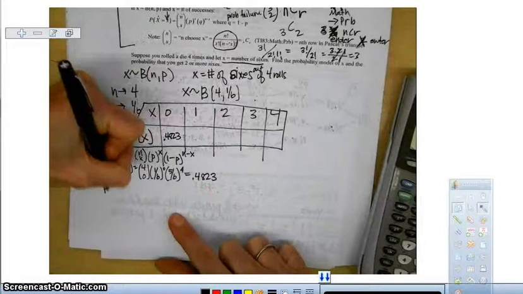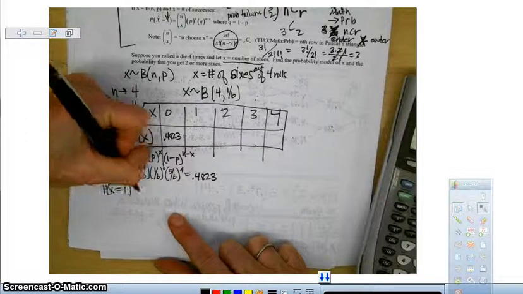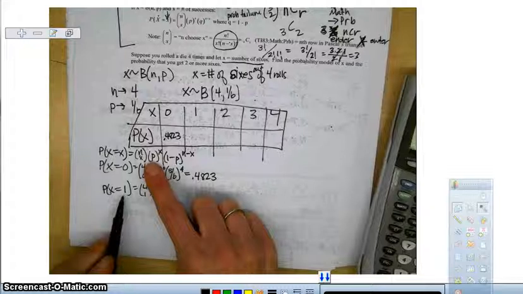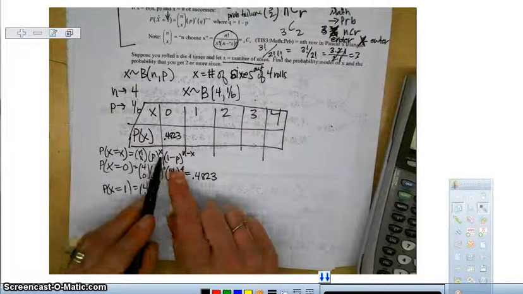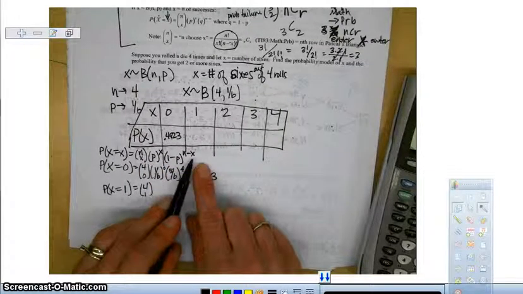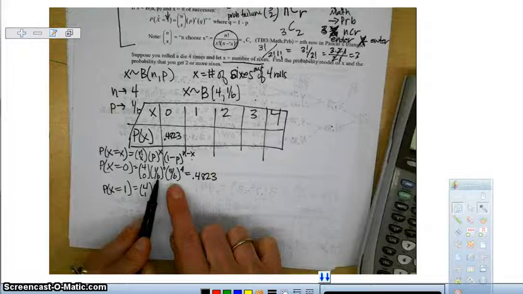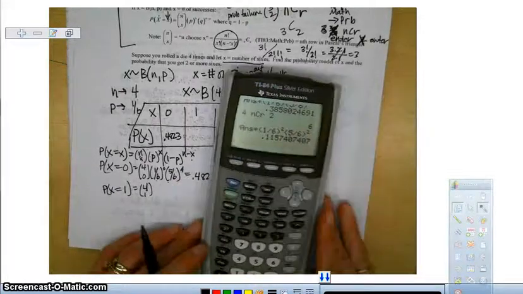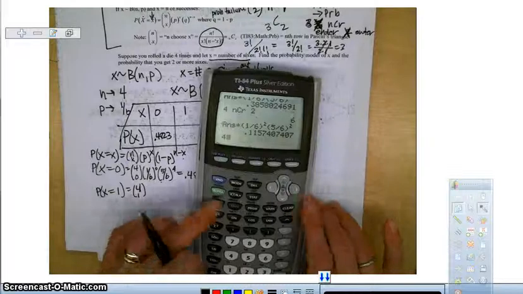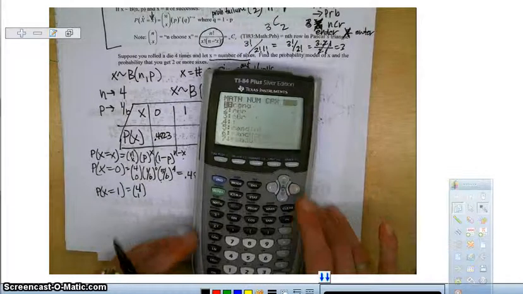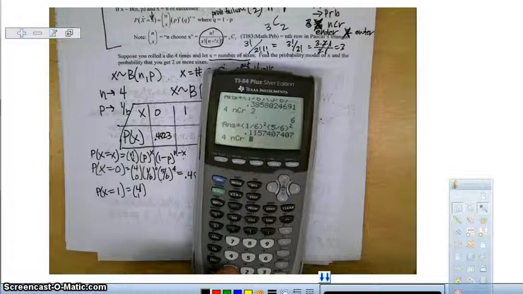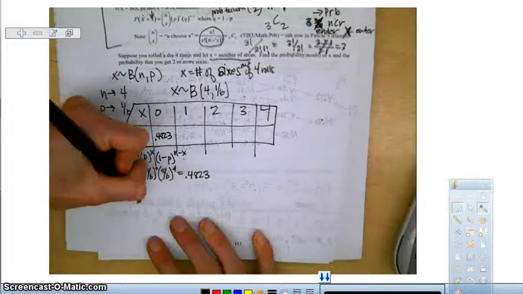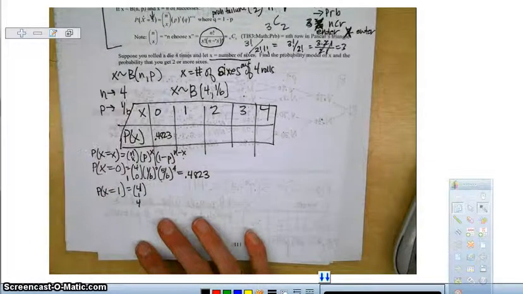And then the probability that x equals 1 is going to be 4 choose 1. This time x is 1, so all the x's in the formula are just going to get replaced with 1. N is still 4, and this is still 1/6 and 5/6. So 4 choose 1. If I do that on my calculator, 4, math, PRB, 3, and then hit 1, that gives me 4. 4 choose 0 was actually just the number 1.